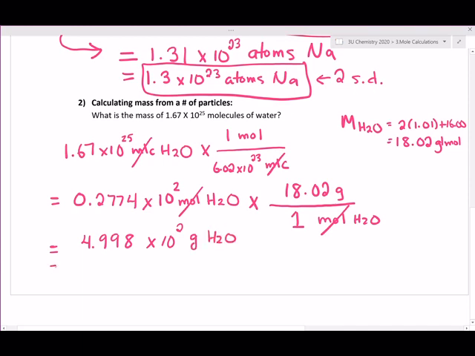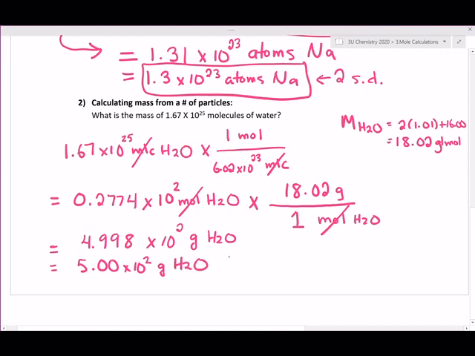And I want to clean this up quite a bit because I do not have the right significant digits. I'm allowed 3. So I'm going to keep the 499 and look at the 8. So the 8 turns that into a 10, that turns that into a 10, that turns that into a 5. So I end up with 5.00 times 10 to the 2 grams of water.